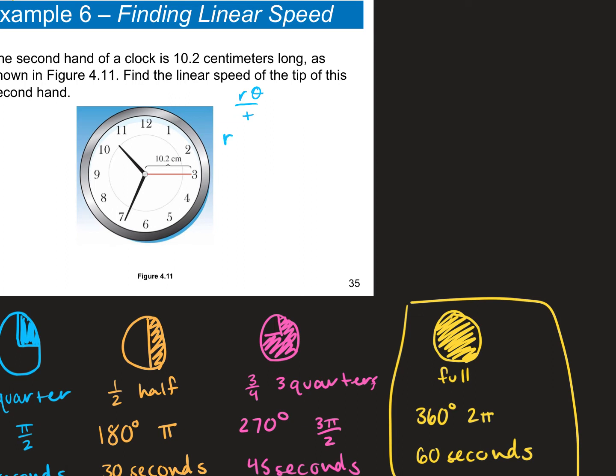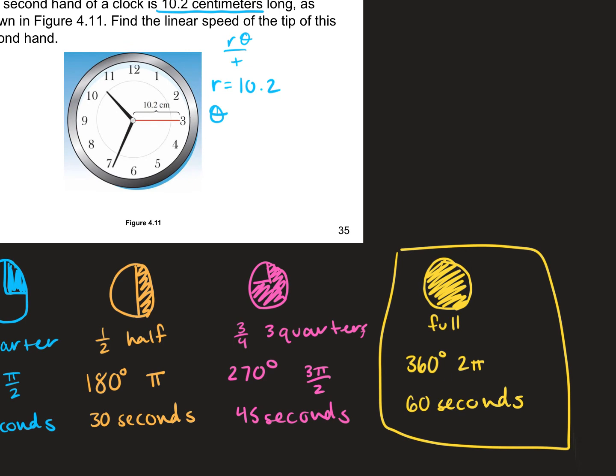What is my radius? 10.2. What is theta if I'm doing a full rotation? 2 pi. Remember, it has to be in radians. And what is time for my full rotation? 60 seconds.